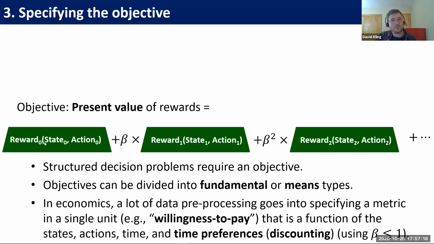So the notion of a reward is quite general and applies to other cases I'm going to talk about in a moment. But typically in economic studies, this takes the form of the present value of a sequence of rewards for the full time horizon of the decision problem. In other words, how many decision periods are we interested in tracking?